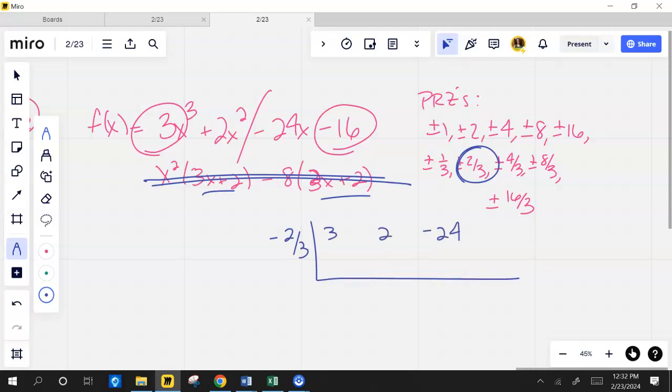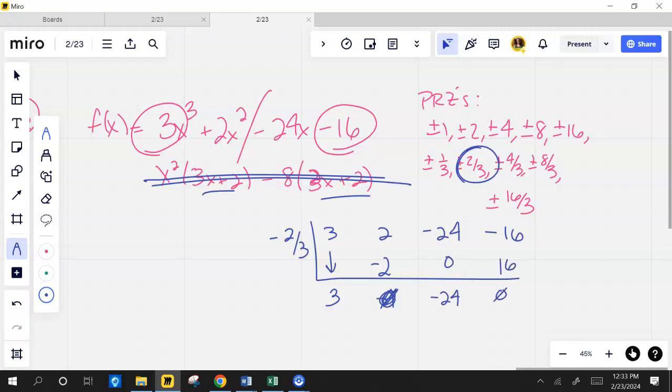It's just a fraction. I'm saying if I didn't factor it. But yes, you can do synthetic. All right, so negative 2/3 times 3 is negative 2. Right? Oh, I thought you were talking about what I added was wrong. I mean, what I multiplied was wrong. That's a 0. And that's a 0. And that's a negative 24.